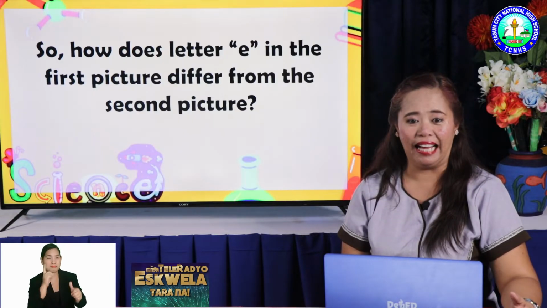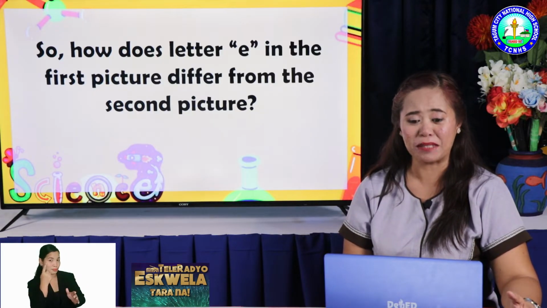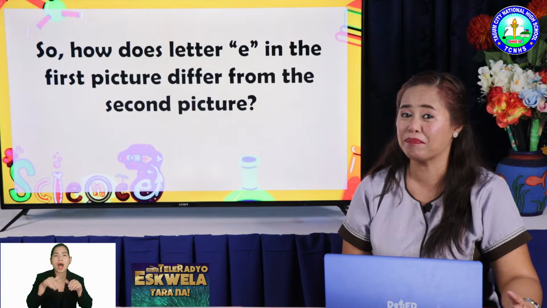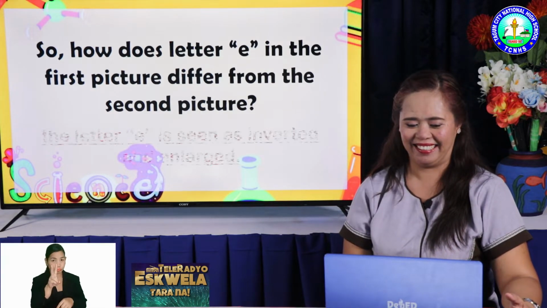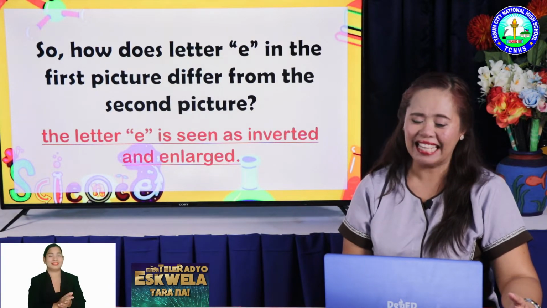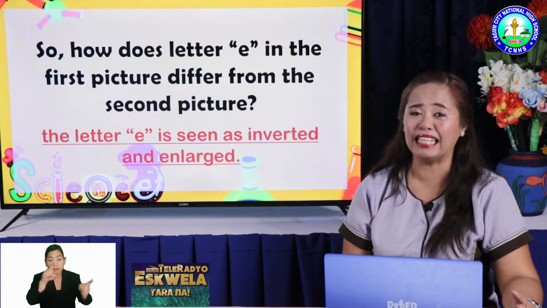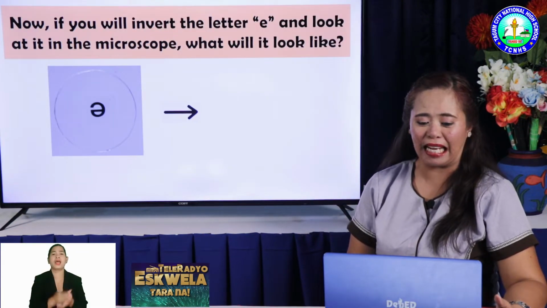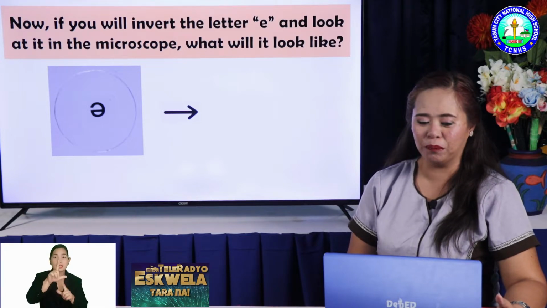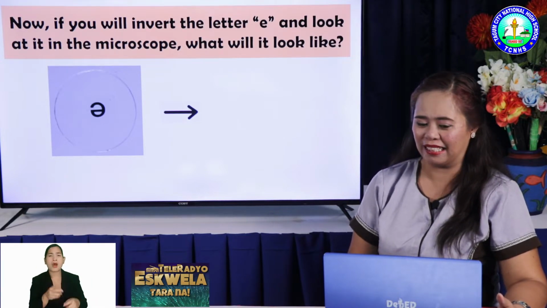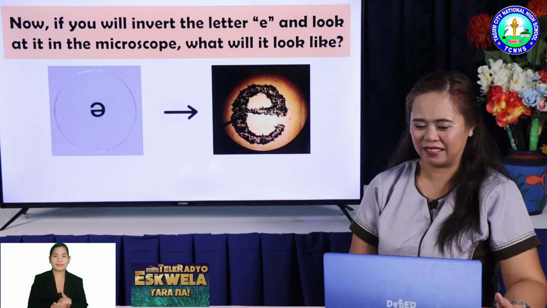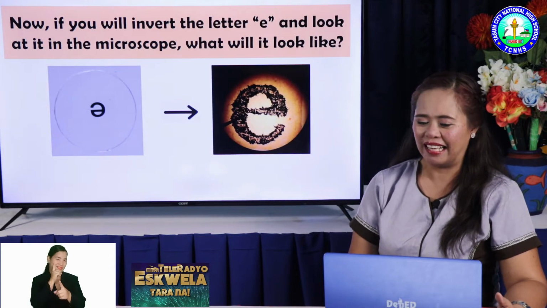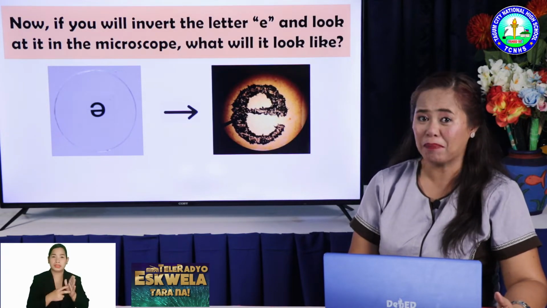So how does letter E in the first picture differ from the second picture? The letter E is seen as inverted and enlarged. Now, if you will invert the letter E and look at it in a microscope, what will it look like? Correct! The image becomes upright.